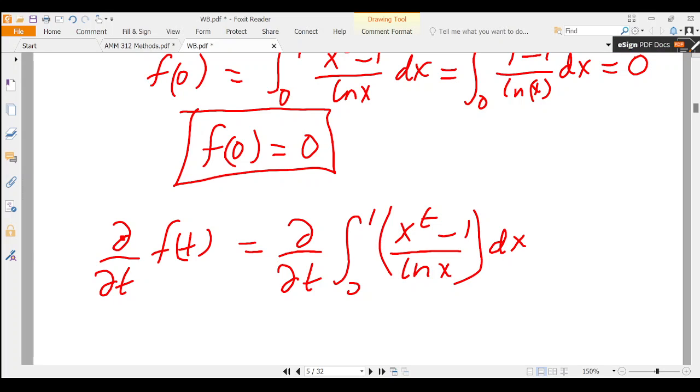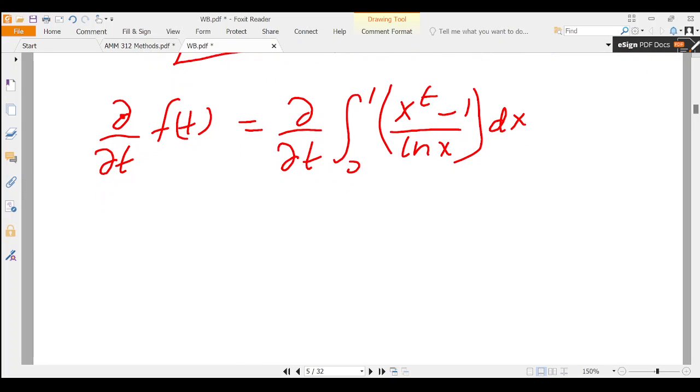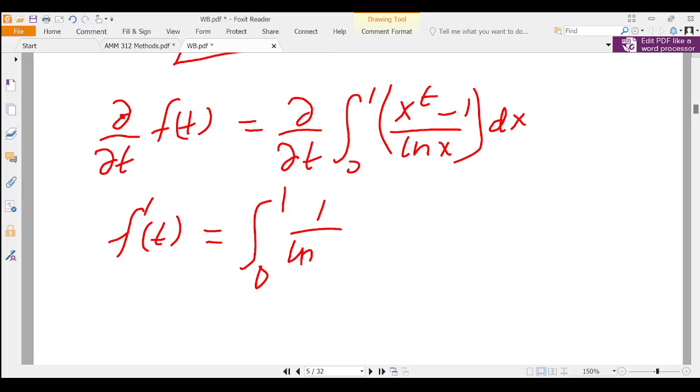And we saw that in this case, the left-hand side becomes f prime of t, the derivative, which we can write as the integral from 0 to 1, all over logarithm of x, of d by dt of x raised to power t minus 1 dx.